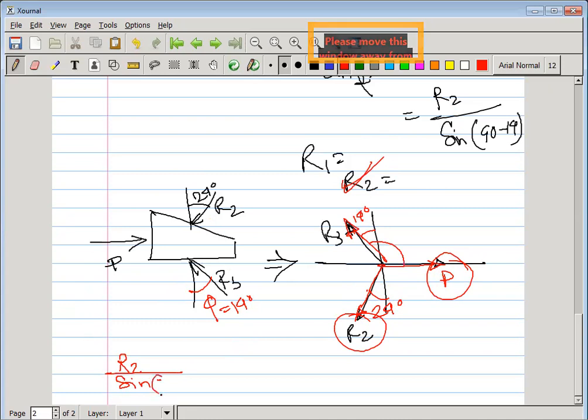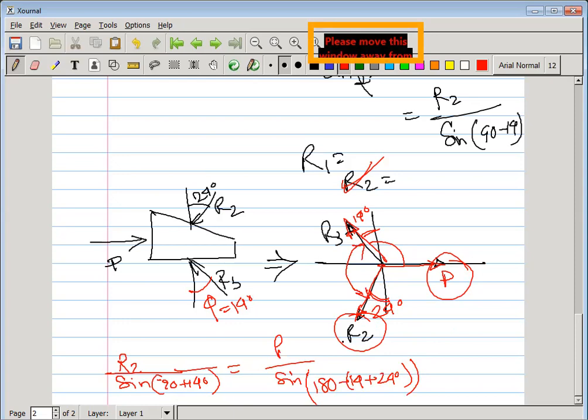R2 by sine 90 plus 14 is equal to P by sine 180 minus 14 plus 24, right? This amount, 180 minus 24 and 14, both are deducted. So that is this angle. So from these two you can find P's magnitude. Is it clear?